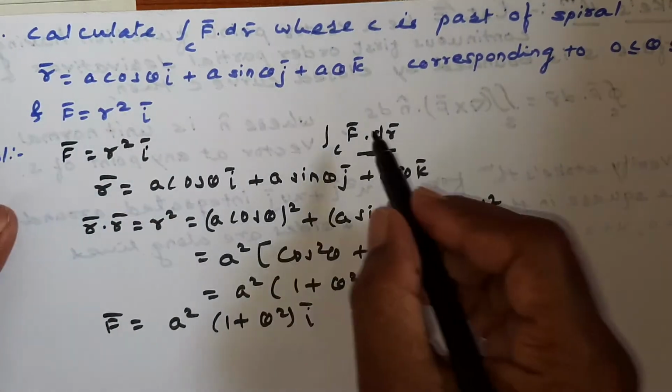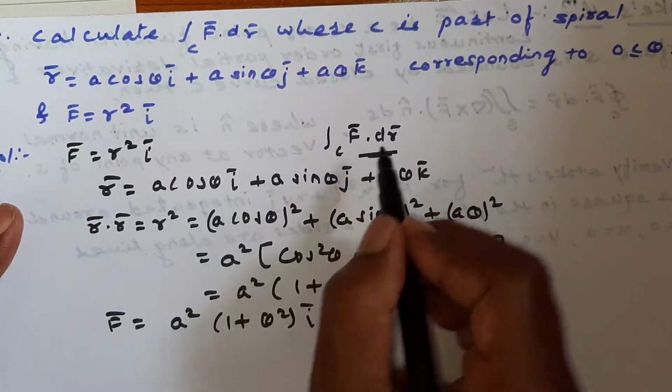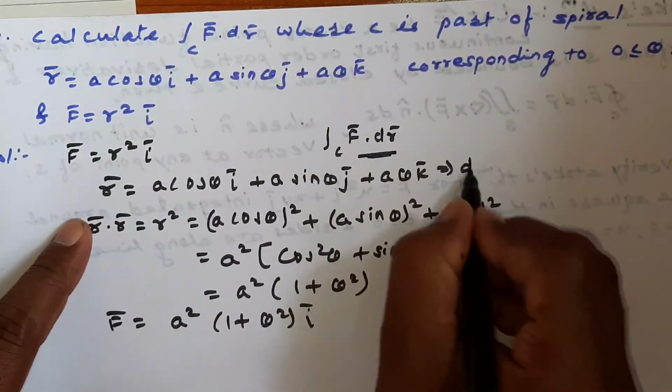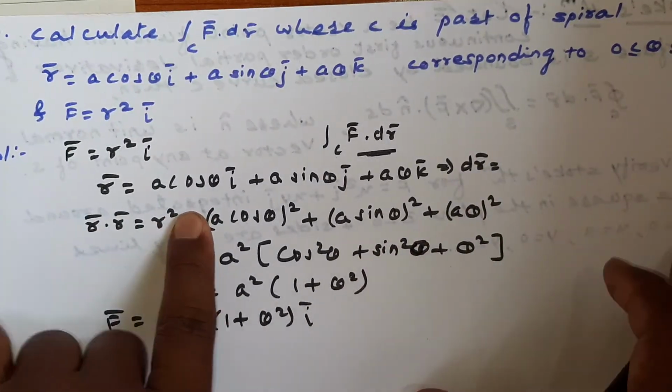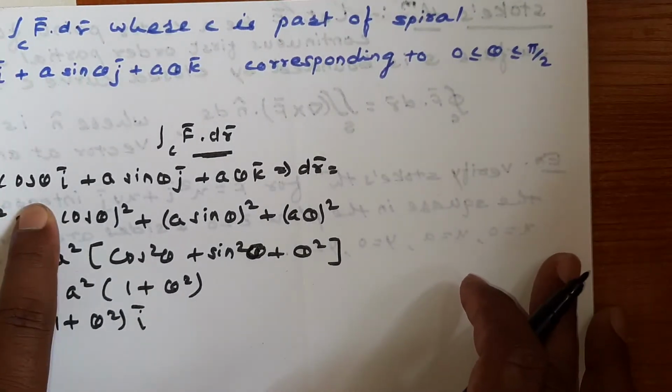Okay. Now concentrate here, F bar dot dr bar. Now r bar is in our hand, so from that I can find dr bar, the derivative of this term. So what is the derivative of a cos theta?